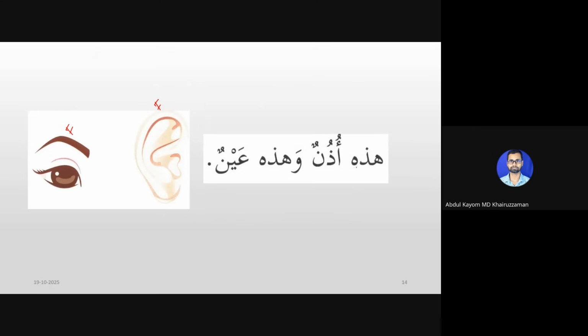So we say hadhihi udhunun, this is an ear. Wa means and. Wa hadhihi ainun. Ainun means eye. So this is an ear and this is an eye.